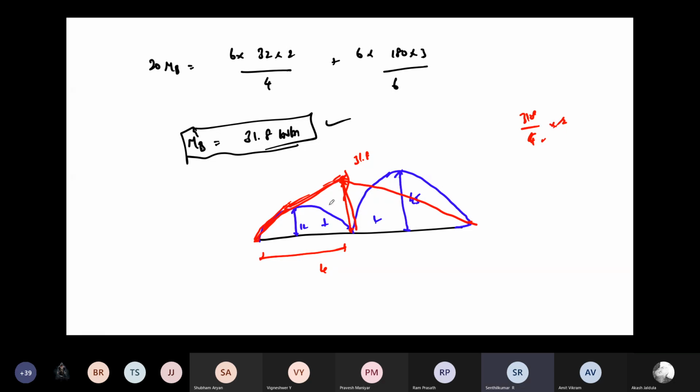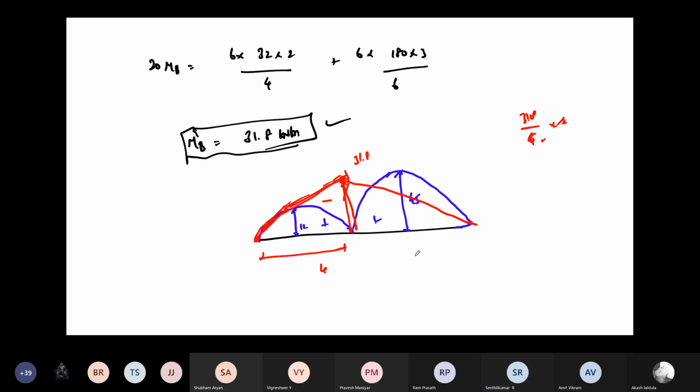Okay. So this is your bending moment diagram for this continuous beam. Any questions? Or shall we go to the next problem? If you know the bending moment, you can solve the reactions and draw the shear force diagram and everything using the reactions.